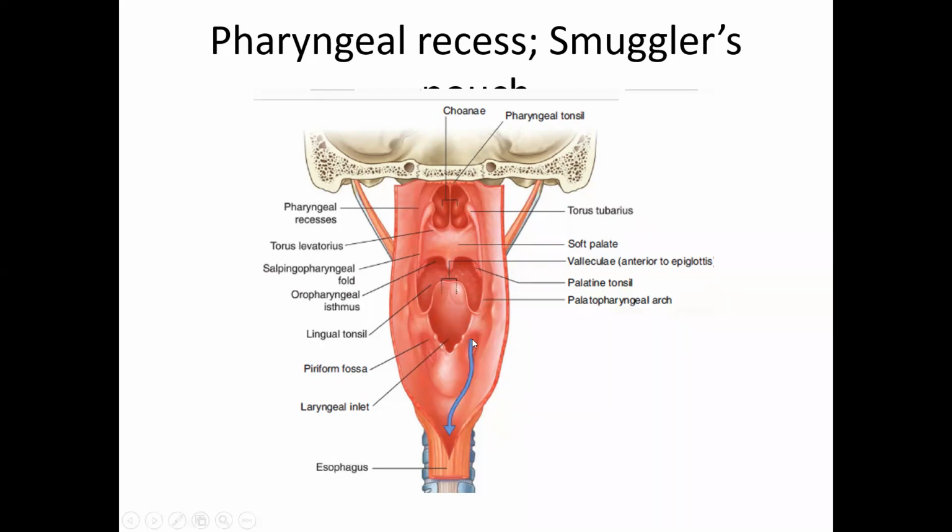Pyriform fossa is where the internal laryngeal nerve enters the pharynx, and if a fish bone or fish thorn is stuck here and is badly removed without taking care, there are chances the internal laryngeal nerve will get damaged.